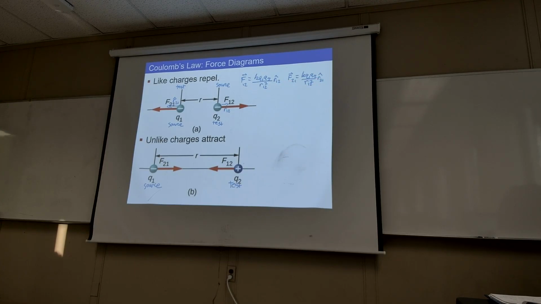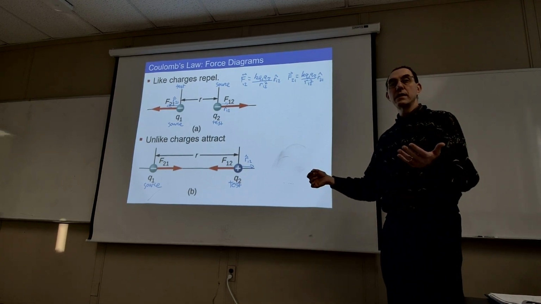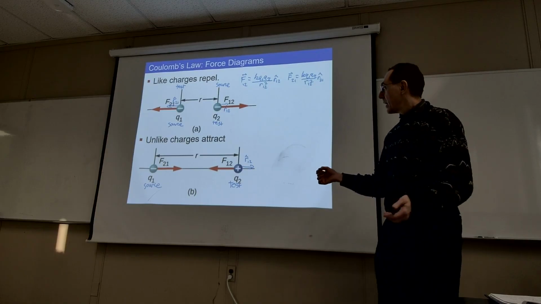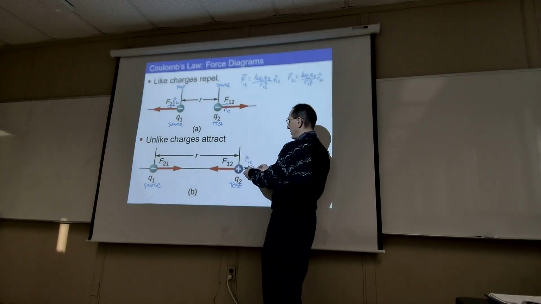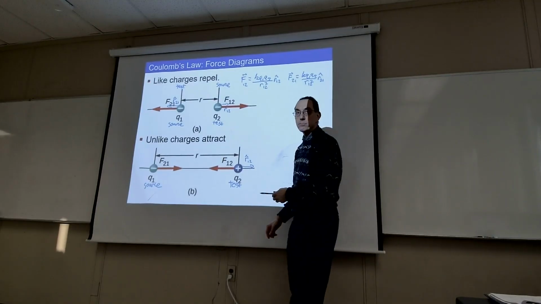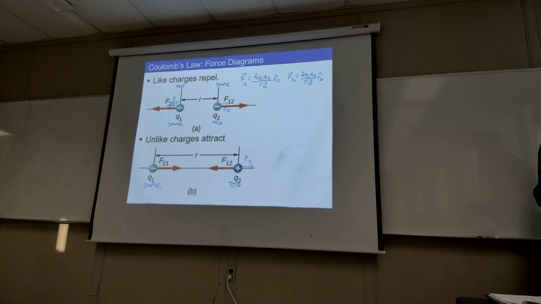Then my radial unit vector R12 would point out this way. But now, what's the product of my charges? Q1 and Q2, negative times positive, is a negative. That's going to flip the direction of the force the other way. It's going to be an attractive force. And you can do the same thing for the other charge.